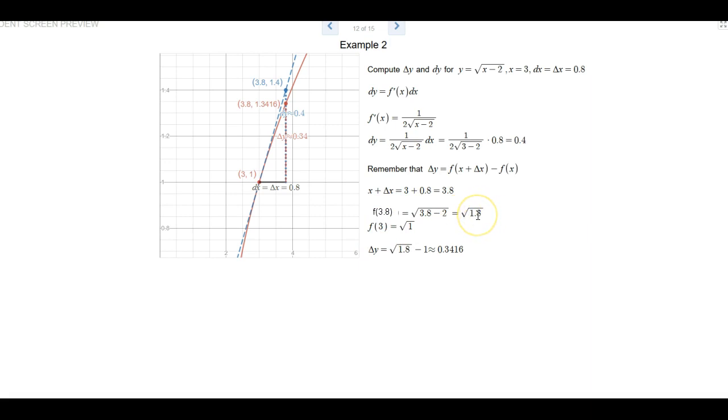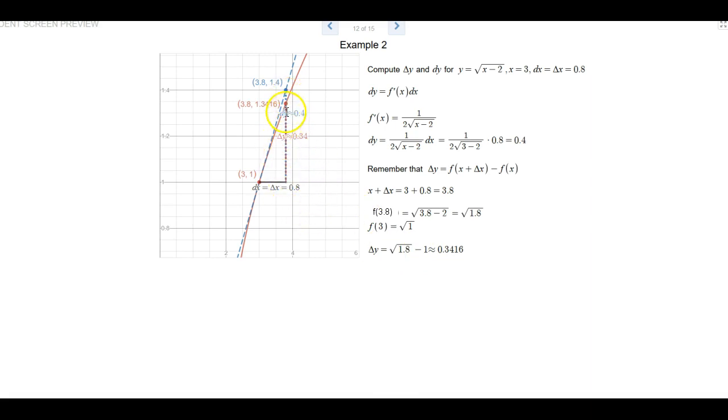So I get the square root of 1.8 minus the square root of 1, and I get an approximation of 0.3416. So delta y is the actual change in the function value.